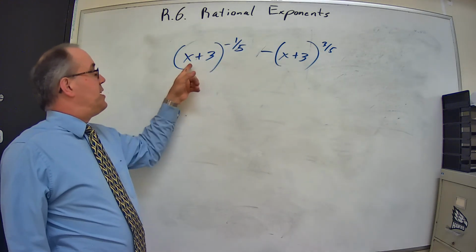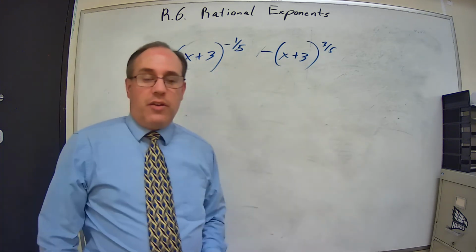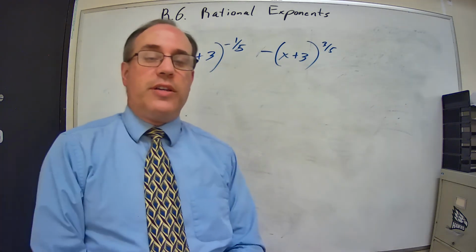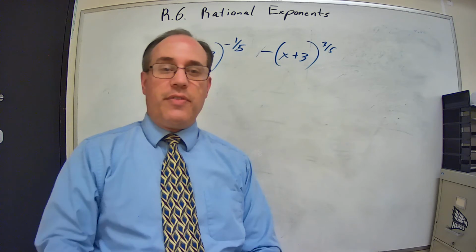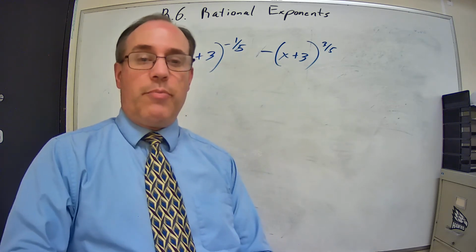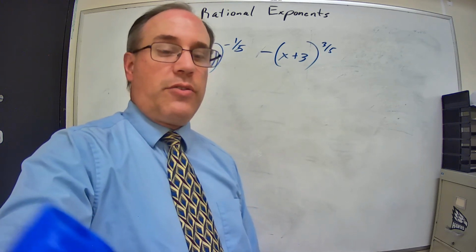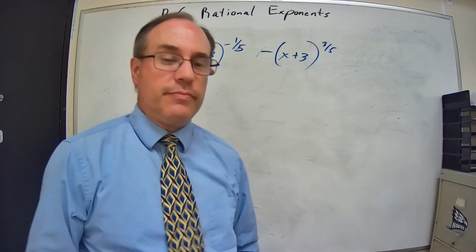Well, we see that we have the same base. Remember, that is very important to us, that we want to have the same base, because if we don't have the same base, we're going to be in trouble. So that's very important to us.